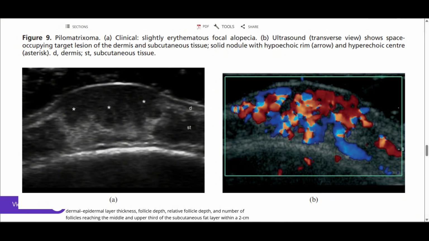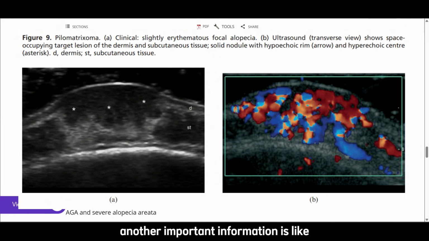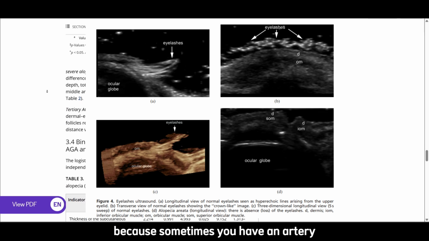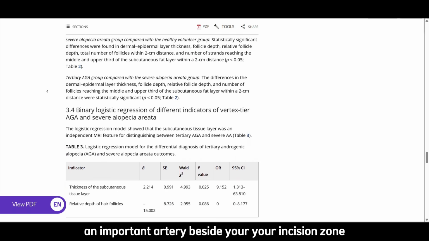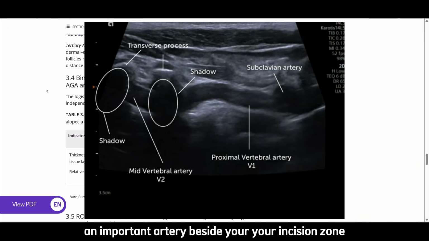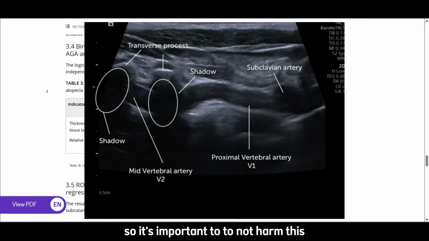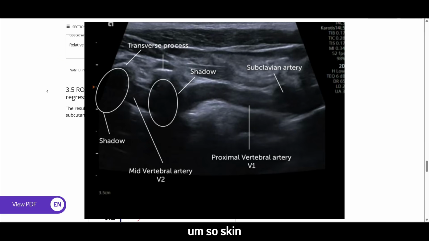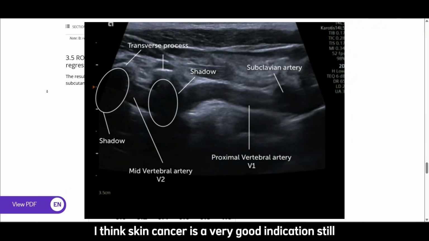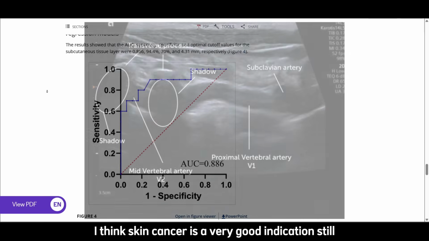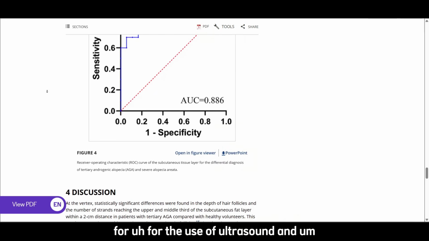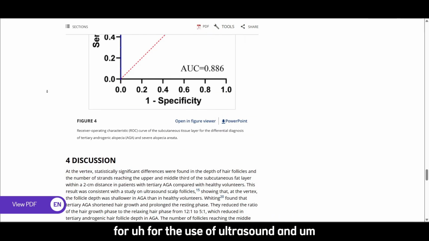Another important information is geographical, because sometimes you have an important artery beside your incision zone, so it's important to not harm this vascular structure. I think skin cancer is a very good indication. Still, I think ultrasound is underestimated for this use.